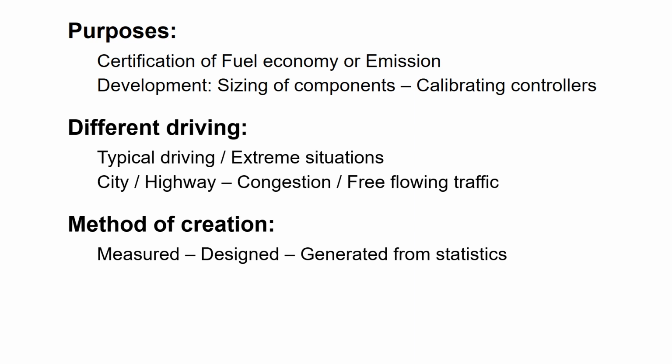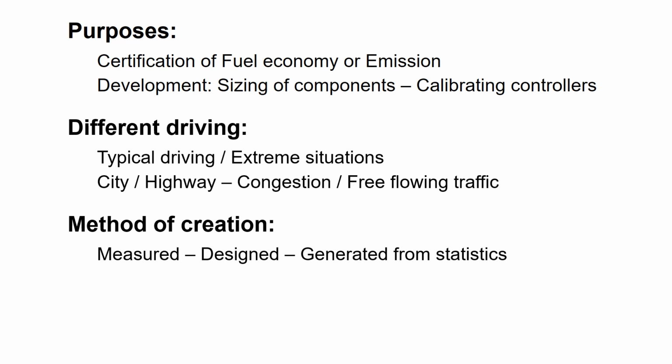Sometimes the driving cycles are created by measuring when a real vehicle is driving, but they can also be designed to represent a theoretical driving situation, for example to test a specific vehicle requirement. A third way to create long driving cycles is to generate them mathematically from statistical models.